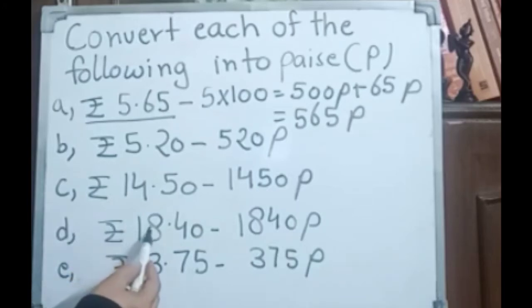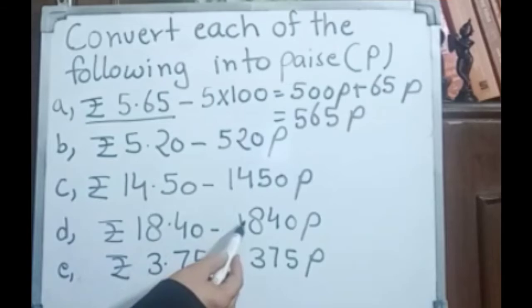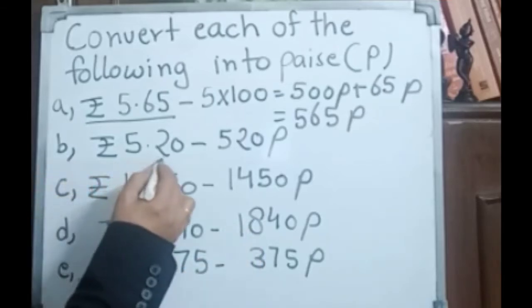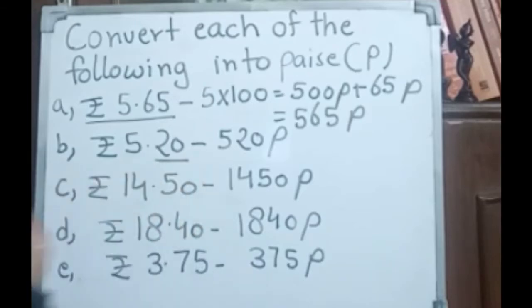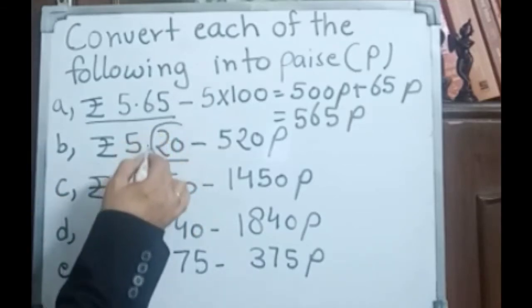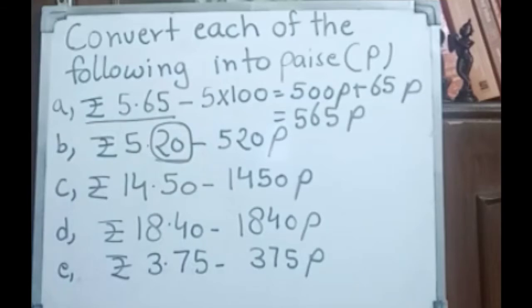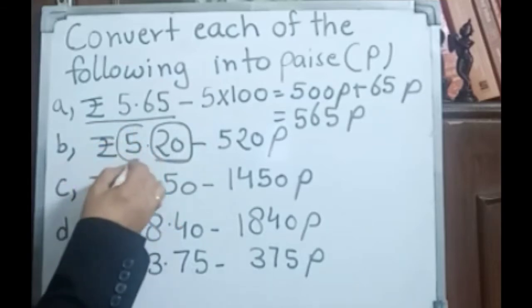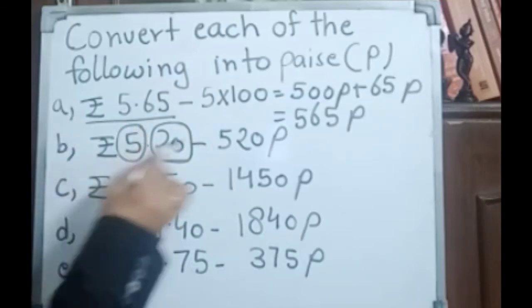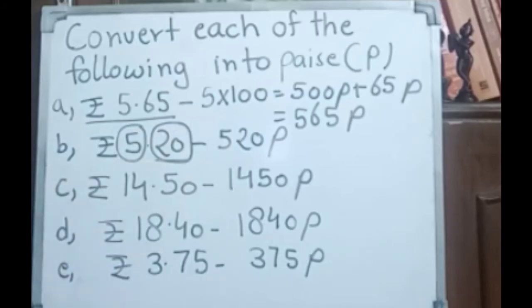Rupees 18 and 40 paisa: remove the dot, 1840 paisa. Why are we doing this? In 1 rupee we have 100 paisa. So this is the number of paisa and this is the number of rupees. So remove the dot and do it like that.